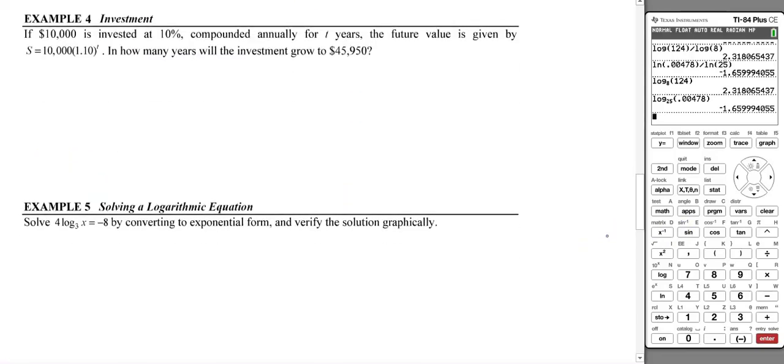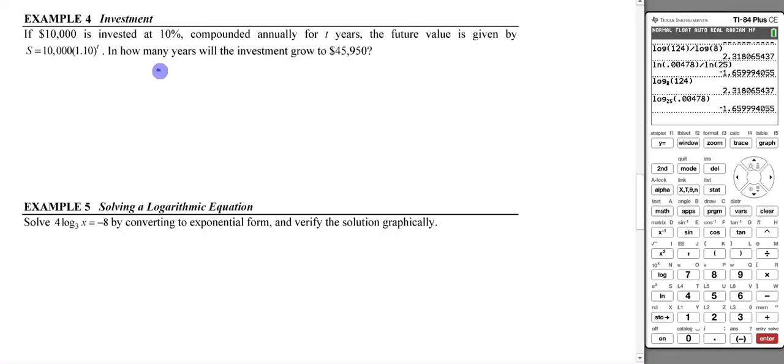Example 4 is investment. If $10,000 is invested at 10% compounded annually for t years, the future value is given by S equals $10,000 times 1.10 to the t. In how many years will the investment grow to $45,950?